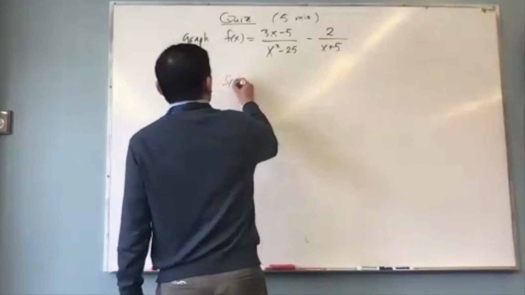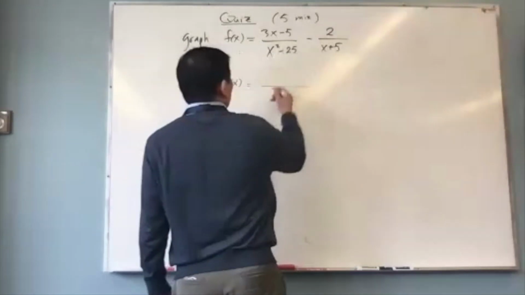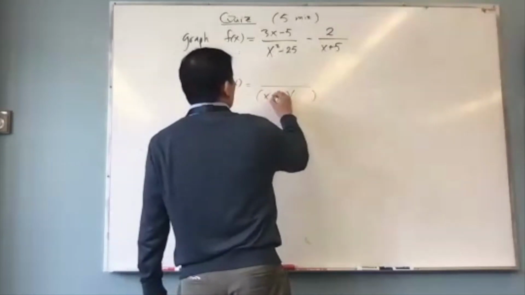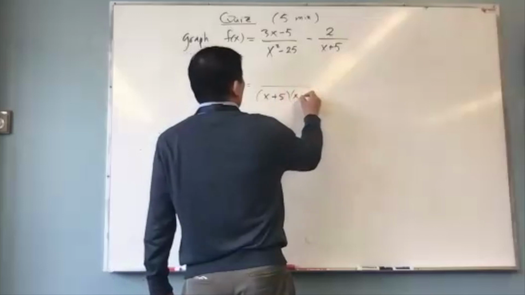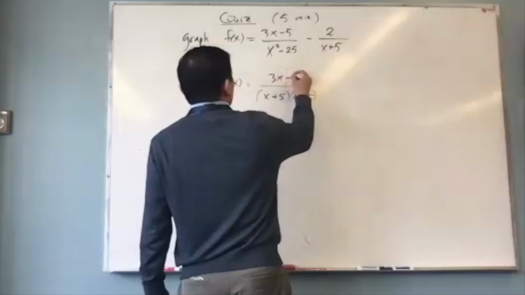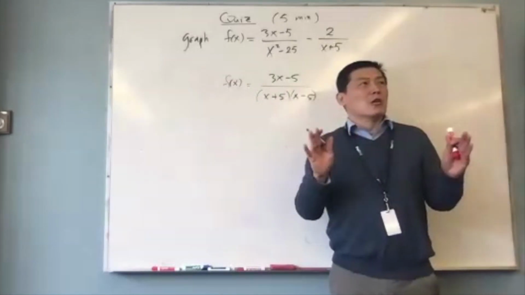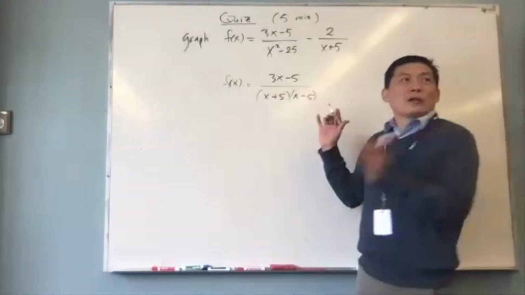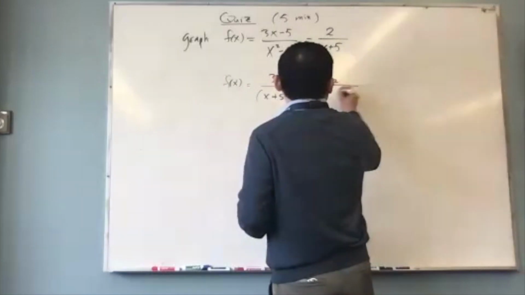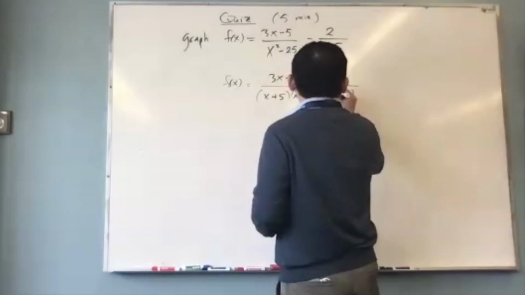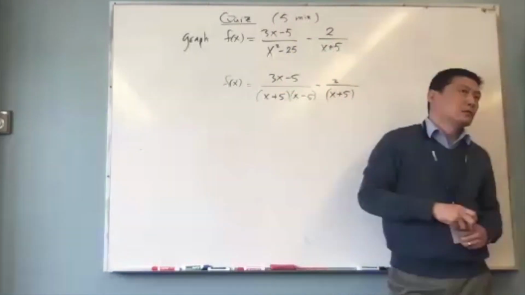So f of x must equal, in this case, on the bottom, immediately you can say, oh, this is x plus 5, x minus 5. And then on the top, it doesn't change. Now, you don't need to go any more steps forward other than just writing the rest of the stuff out, right? Because this way, you can keep track of what you have.